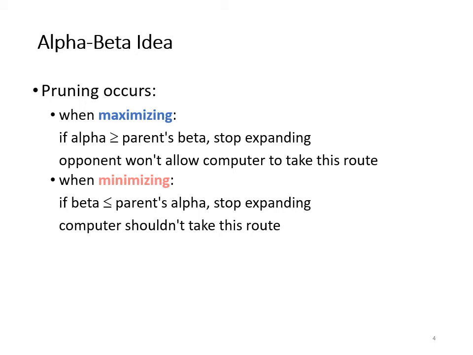When you are minimizing the node, if beta is less than or equal to the parent's alpha, then you have to stop expanding in this case also, and the computer shouldn't take this route. In the first case, the opponent will not allow the computer to take this route, and in the second case, the computer shouldn't take this route. So the first case is called beta cutoff, and the second case is called alpha cutoff.